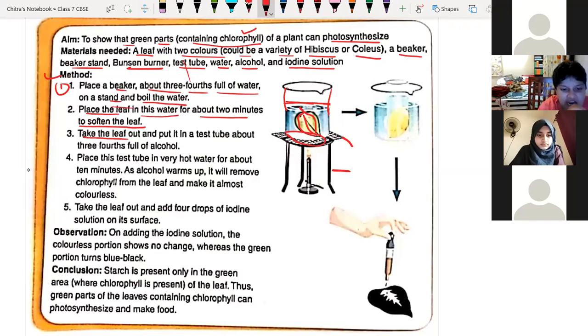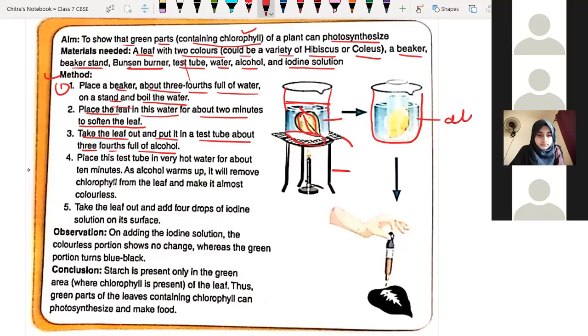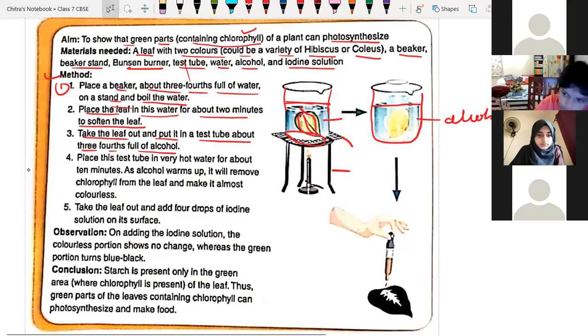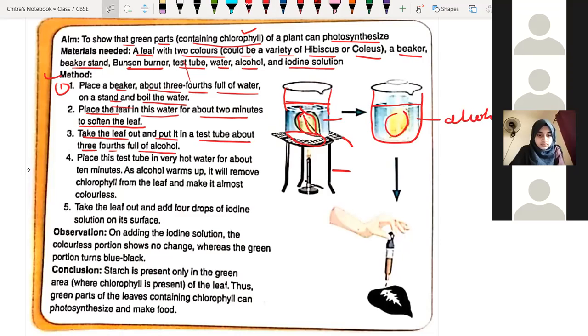Then take the leaf out and put it in a test tube about 3/4 full of alcohol. See, this is the water and here we have the alcohol, and we have to dip that leaf in it. What will happen here? We will see in the next slide.